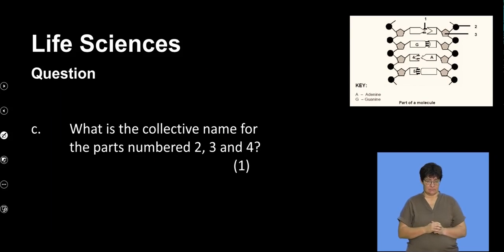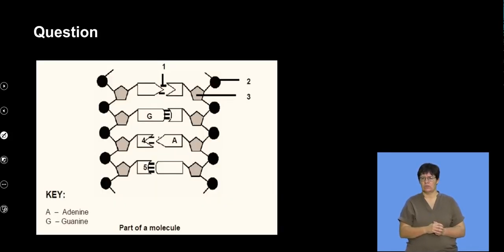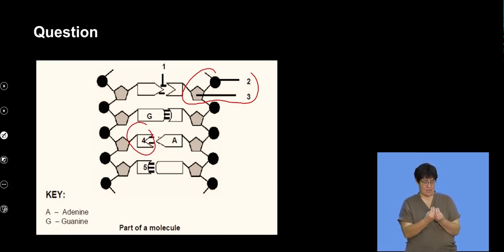Cool. Let's move on to a few more questions. What is the collective name for the parts numbered 2, 3, and 4? If we look at parts 2, 3, and 4 together, we know that a DNA nucleotide consists of 3 parts.